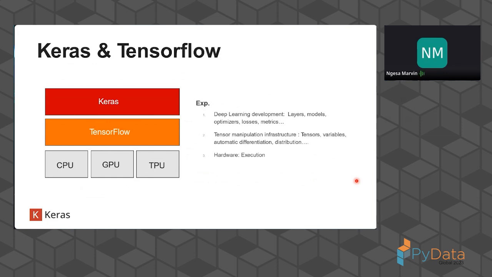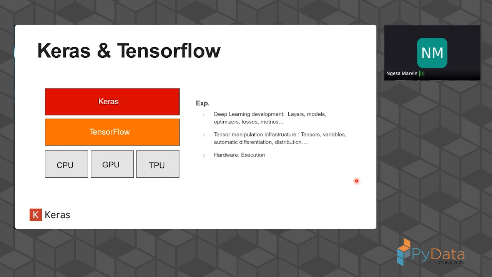Keras was released in March of 2015, while TensorFlow was released in November of 2015. But aside from that, you can think of TensorFlow as a low-level computing platform, while Keras is a high-level deep learning API.